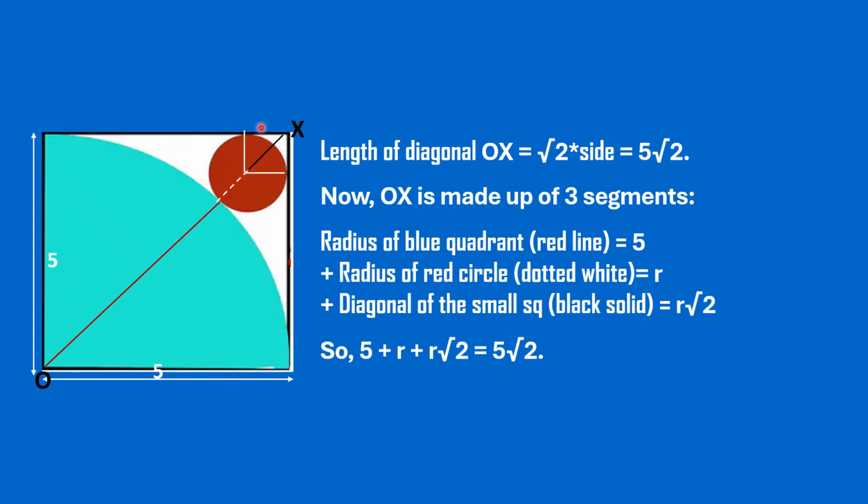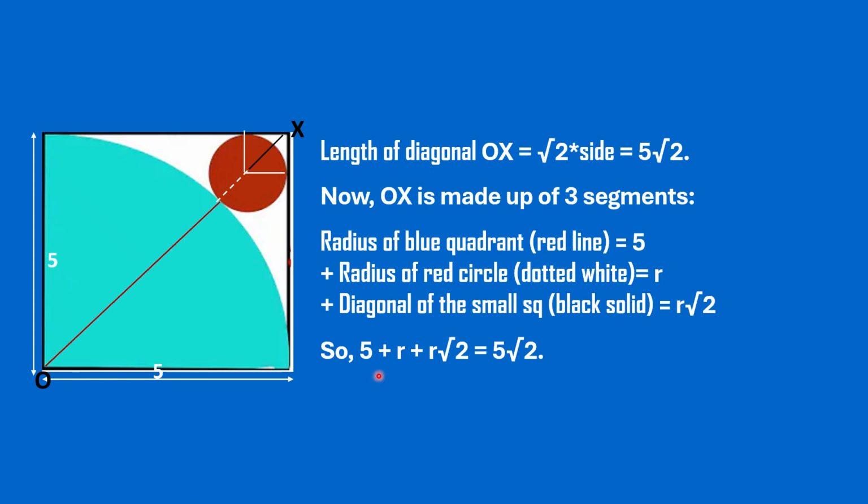Adding these three, we should get the diagonal OX, which is 5 root 2.